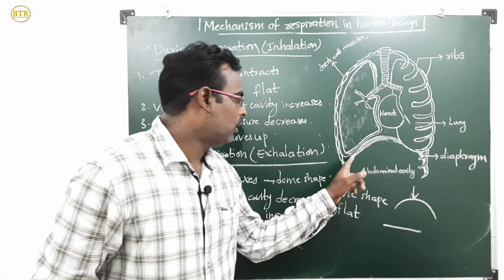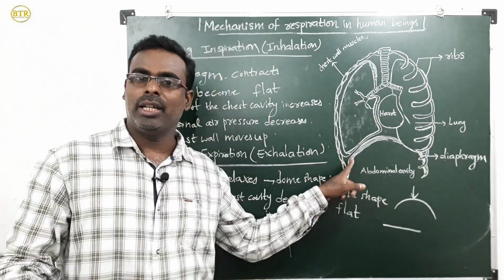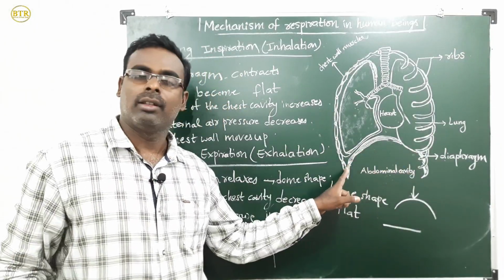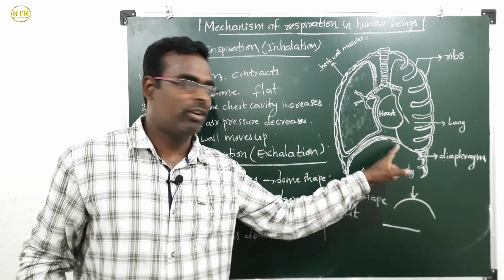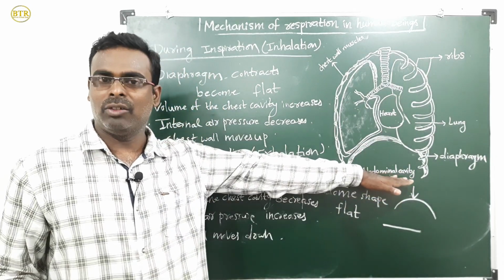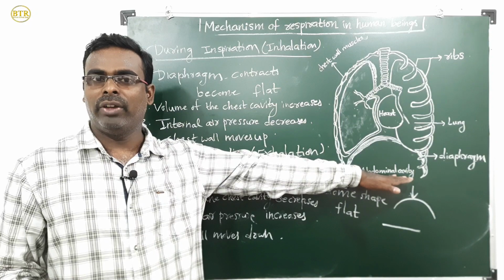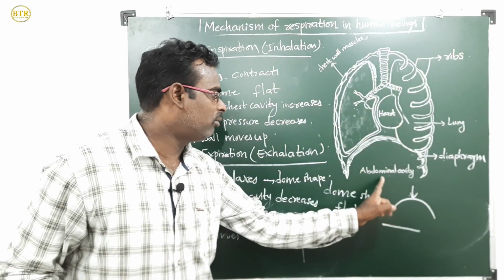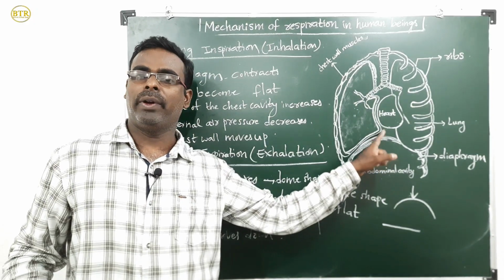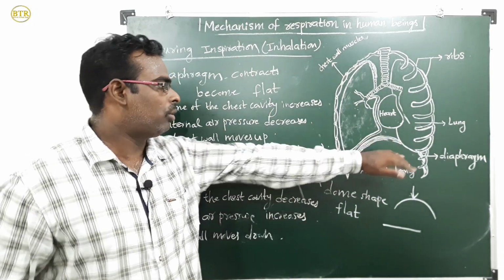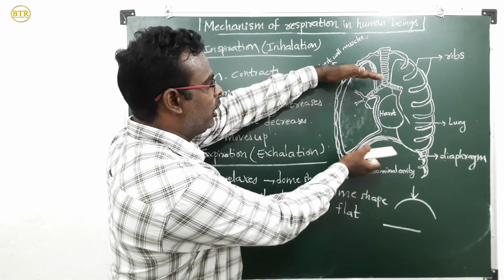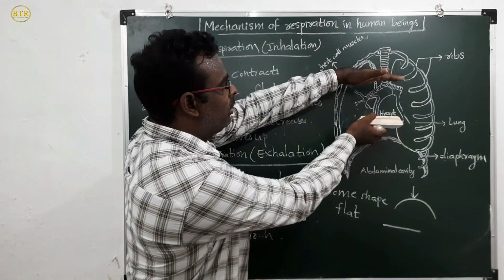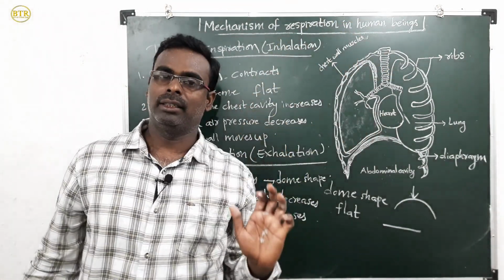See here, during expiration, what happens? I will tell you. During expiration or exhalation, the diaphragm gets the dome shape. Before that it was flat. So at the time of expiration, it converts into dome shape. So the diaphragm moves up. When it gets the dome shape, the volume of the chest cavity decreases.